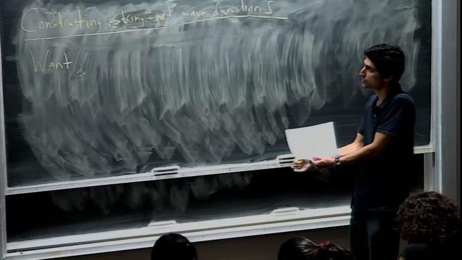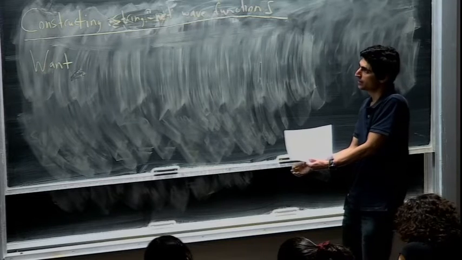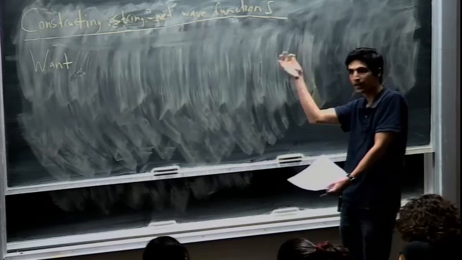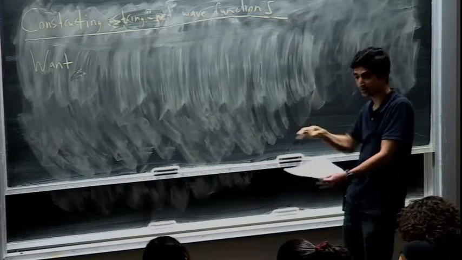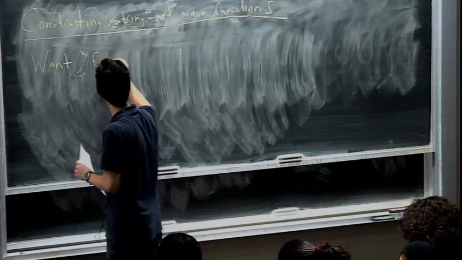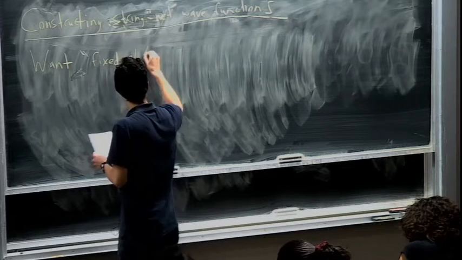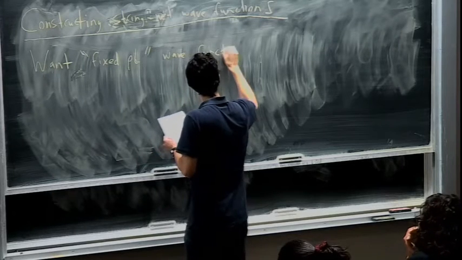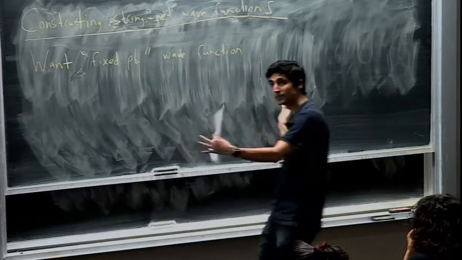Because only for those wave functions do I have any hope of finding some commuting projector Hamiltonian that has it as its ground state. So I'm going to be looking for fixed point wave functions. And that's a little vague, but hopefully it gives you some intuition. They should be wave functions that have no length scale.